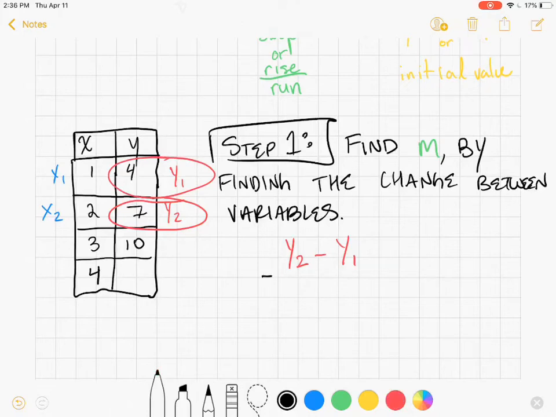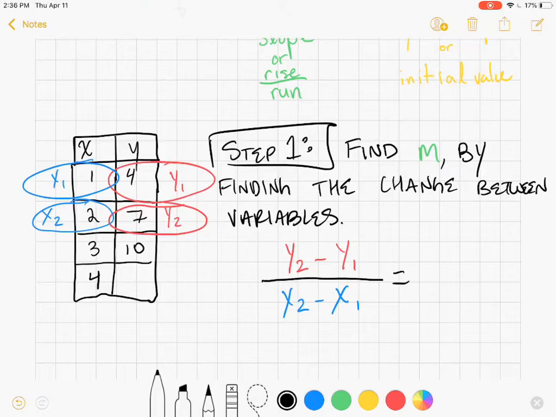Okay, and we're going to calculate that over, as a fraction or a ratio, x2, which is the second x value, x2 minus x1, which is right here. So y2 minus y1 over x2 minus x1. That's the change in y over the change in x.